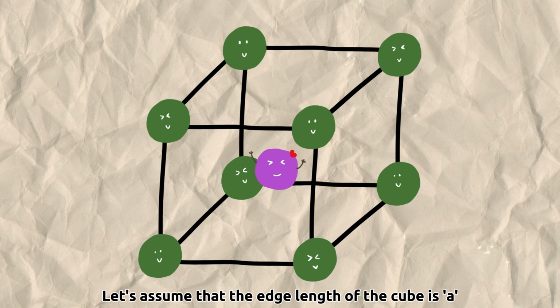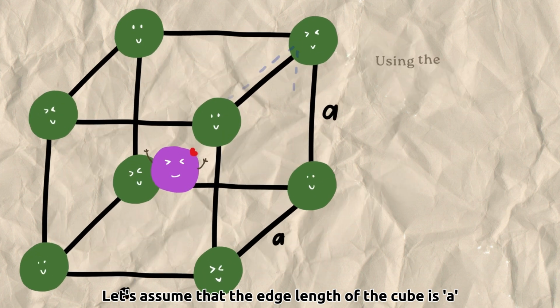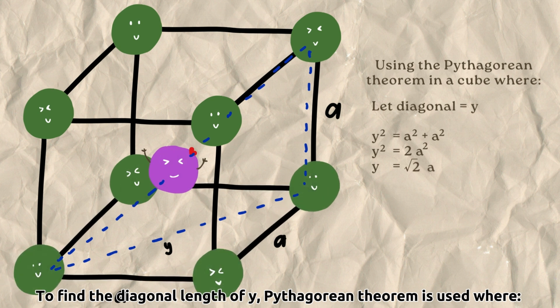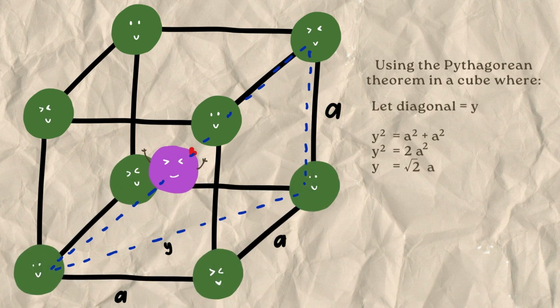Let's assume that the edge length of the cube is a and the diagonal of the face is y. To find the diagonal length y, the Pythagorean theorem is used, where y squared equals a squared plus a squared. So we get y squared equals 2a squared. Therefore, y equals the square root of 2 times a.